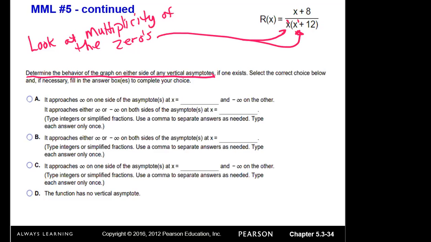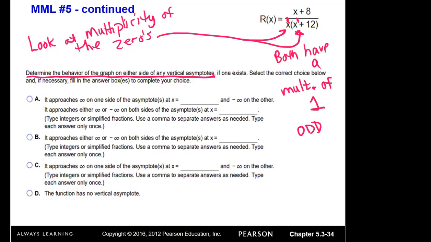They both have a multiplicity of 1, which is odd.